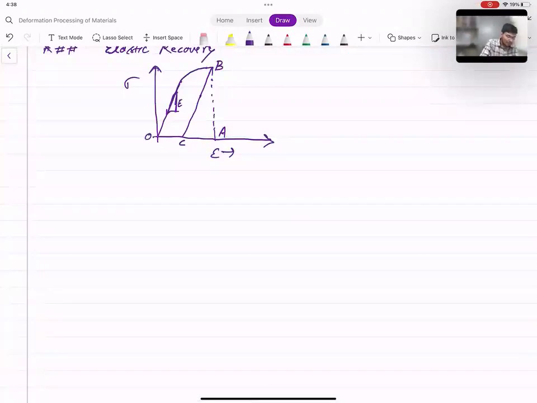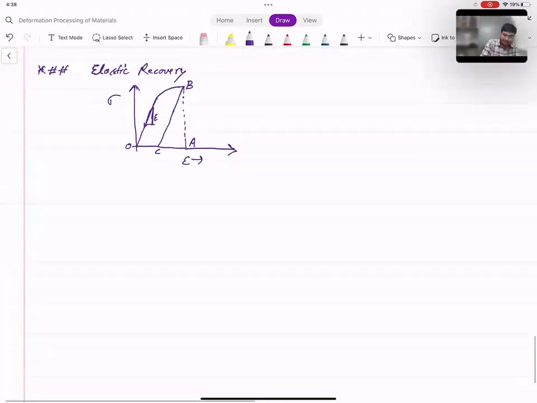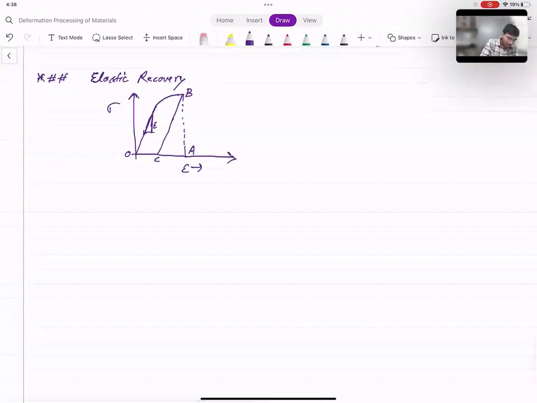But after the removal of the load, this much amount of strain the material has recovered. Again the slope of this line is the same, because this path is parallel to this initial path.